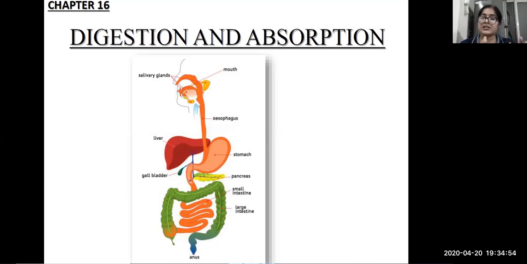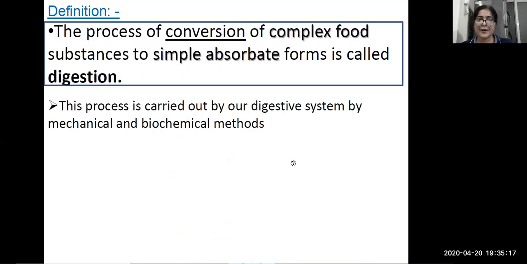After digestion, the food is ready to be absorbed, and this process is known as absorption. So in this chapter, we are going to study these two processes in detail. Although many concepts are directly related to your 10th class content, in 11th class, as a senior class, there are many additions in this part.